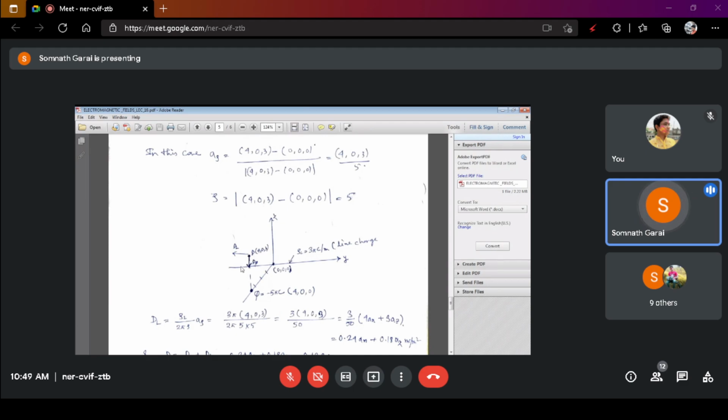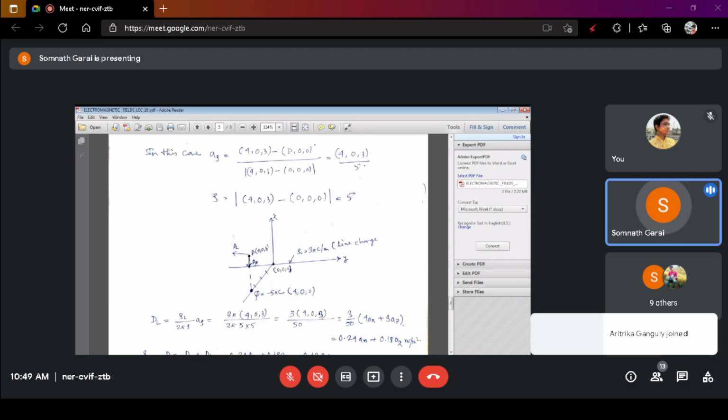That is the rho value. So when we calculate the unit vector, it is r minus r dot divided by mod of r minus r dot.